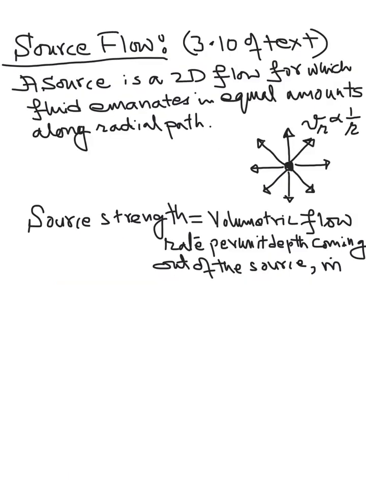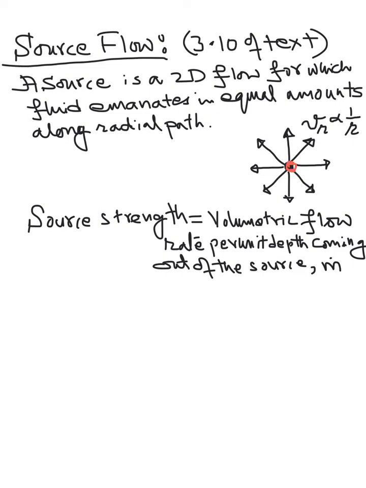Now the second type of elementary flow is known as source flow. It is a two-dimensional flow. A source flow is a 2D flow for which fluid emanates in equal amounts along radial paths. For example, if I have some hole in a wall and connected a pipe through which fluid is coming out of this wall, this will represent my source.